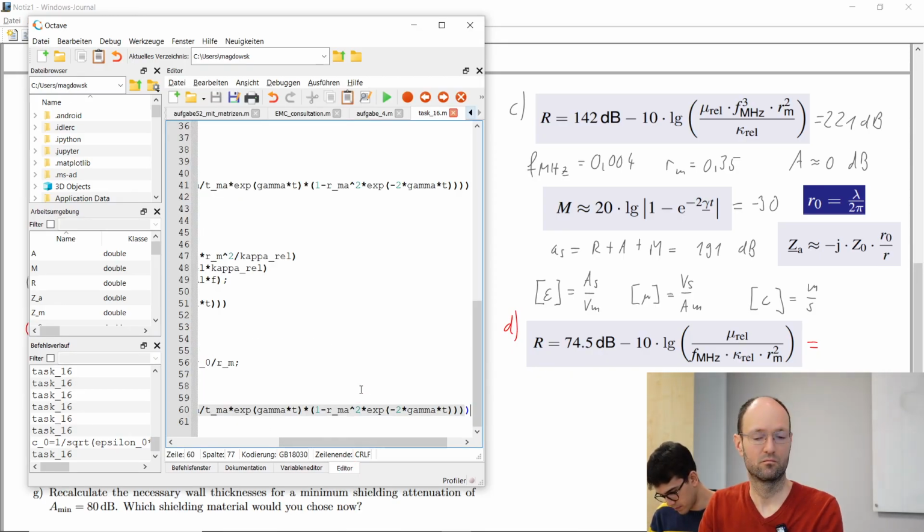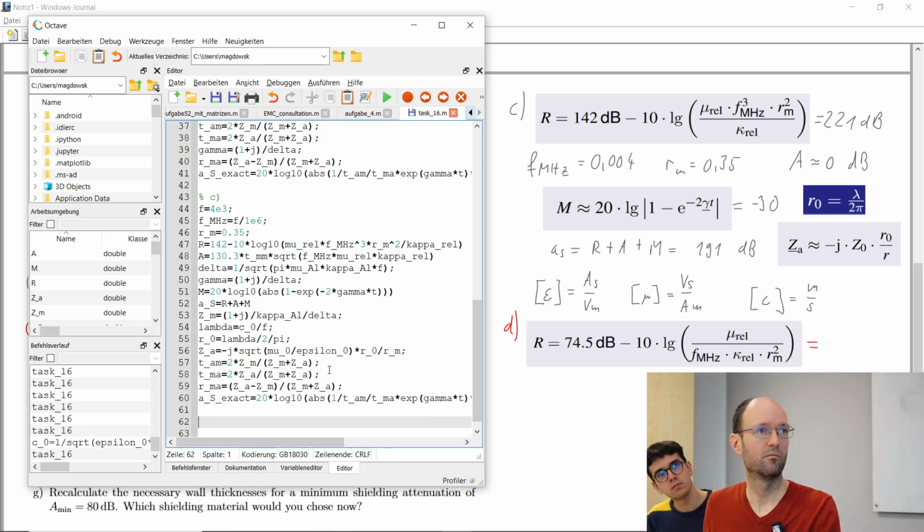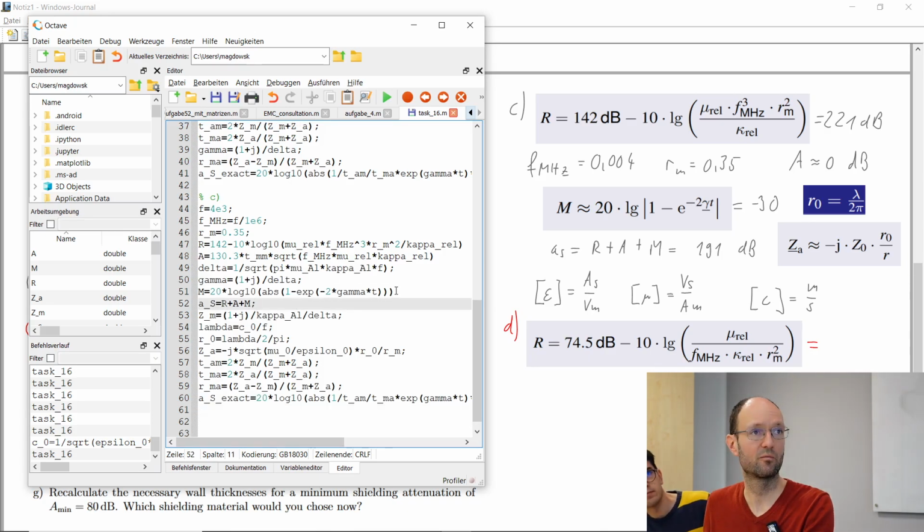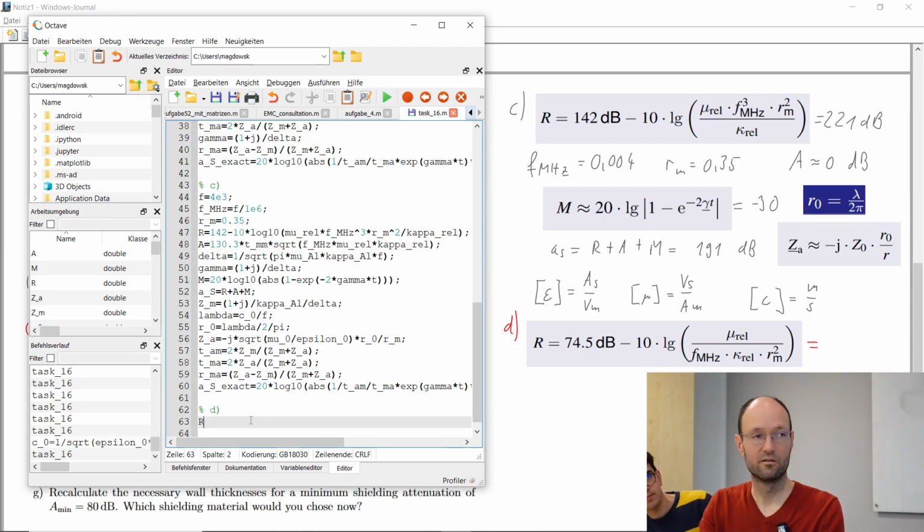Yeah, we have finished this subtask, so I can escape the output here. And we continue with D. For D, the reflection loss is 74.5 minus, once again, 10 times decadic logarithm of mu relative divided by the frequency in megahertz divided by the kappa relative and divided by the source distance, once again squared.